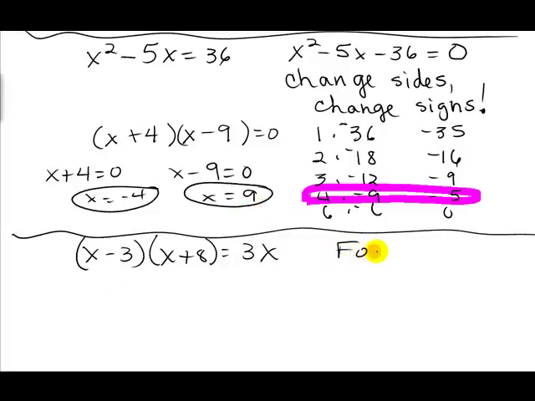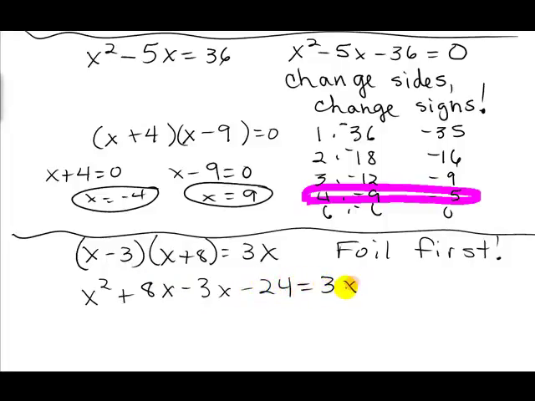Here I need to FOIL first. So x times x, x times a +8, -3 times x, -3 times a +8. Now I need to move this 3x over. Remember, when I do that, I am subtracting 3x from both sides. So we'll have x squared.